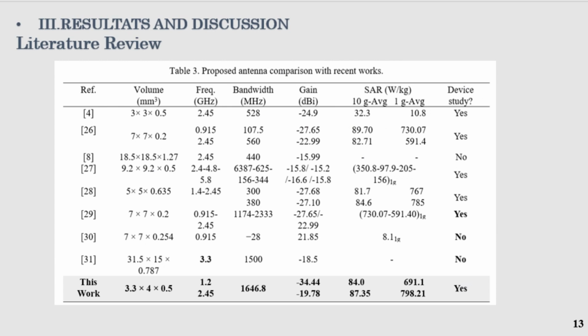This table presents a comparative study of our antenna with other works in the field of biomedical antennas for our application. In terms of miniaturization, as you can see, our antenna is ultra miniaturized, dual band, and offers a wide bandwidth with high gains for a biomedical antenna.